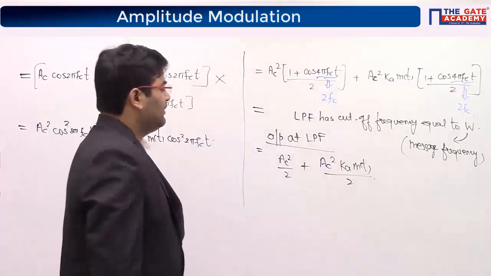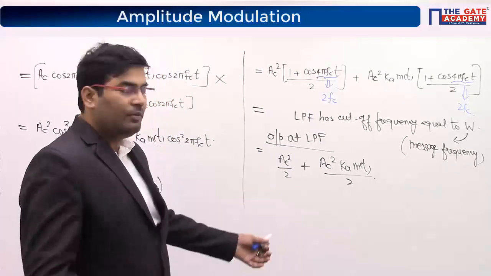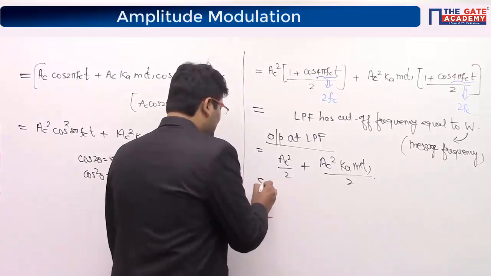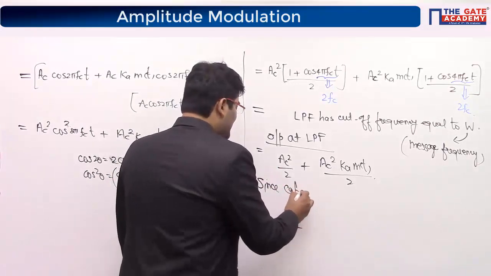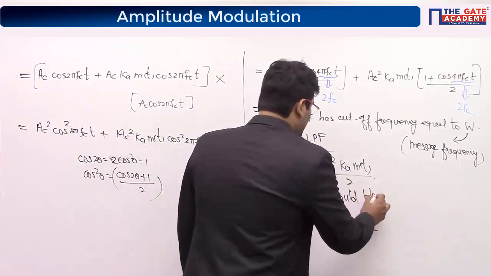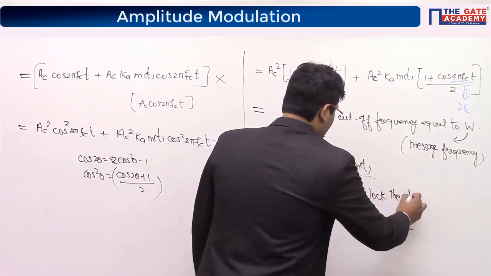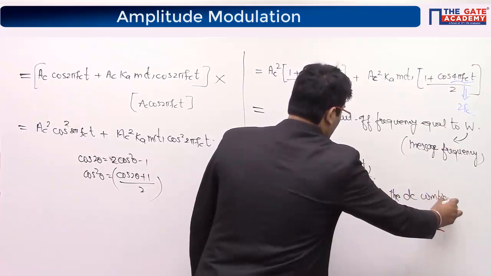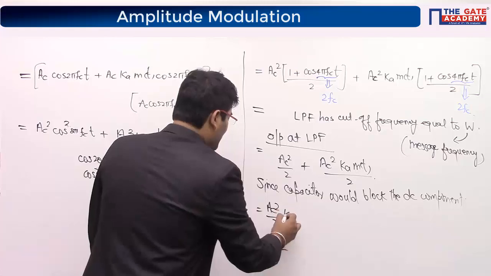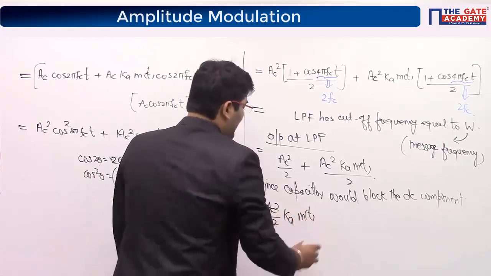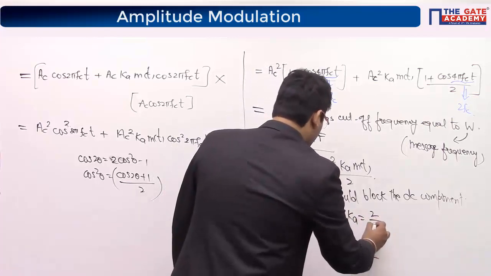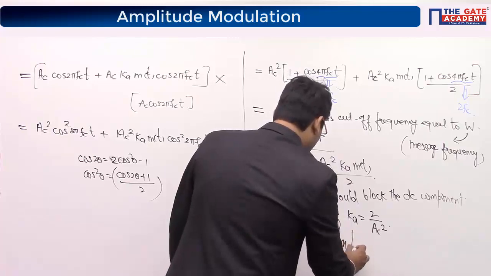Now we know that any receiver in AM has a capacitor which will block the DC component. So, since the capacitor would block the DC component, finally we'll get Ac square by 2 K m(t), and if you say K is equal to 2 by Ac square, you will get the message signal.